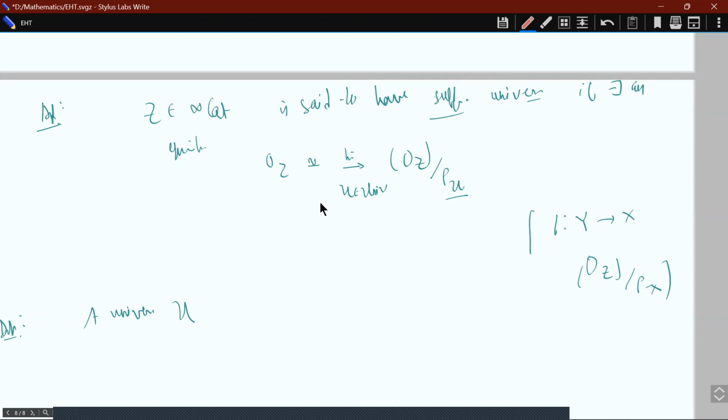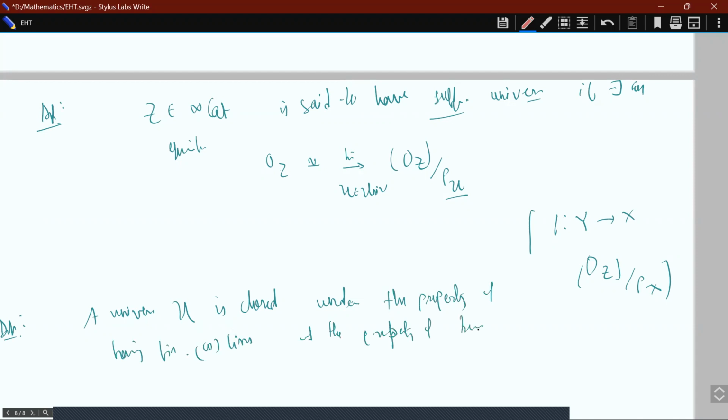A universe is closed under the property of having finite limits and colimits, and the property of being locally Cartesian closed.